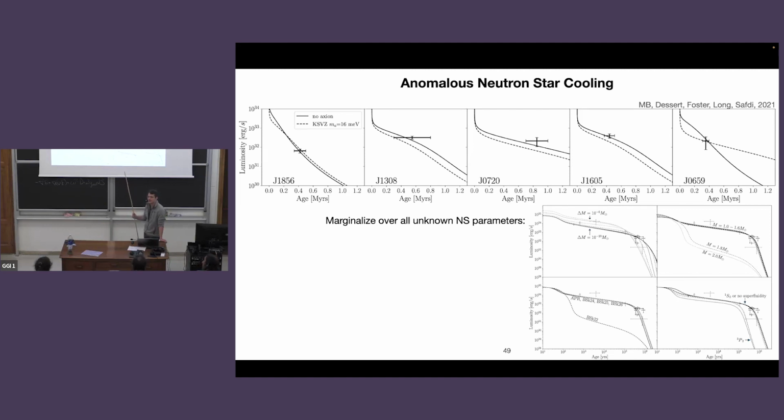Of Cassiopeia, you say? How old is Cassiopeia? I'm not entirely sure. Oh, that's Cas A. Okay, yes. Cas A is too young to do an analysis like this. I think what you do is look at the slope, because it's so young and cools so rapidly, we can actually measure the slope. The problem with doing an analysis like this at this early age is that it really depends on the details of your equation of state and your superfluidity much more than it does for these older ones.